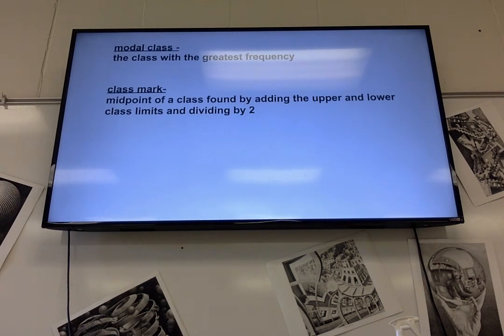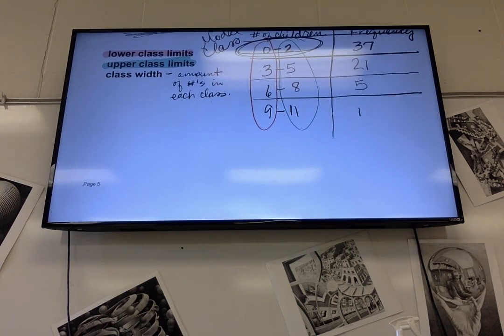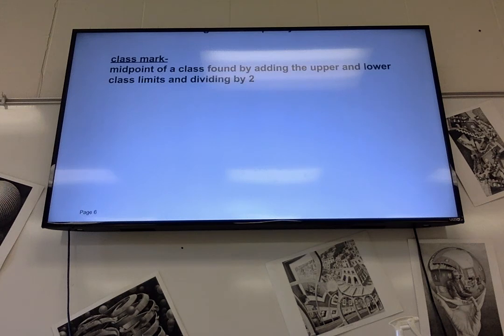The class mark we're going to use when we go to graph some of this stuff. It's the midpoint of a class. So let's say we're talking about the class 6 to 8. If we wanted to find the class mark, well, it's the number in the middle. So obviously it's 7, right?